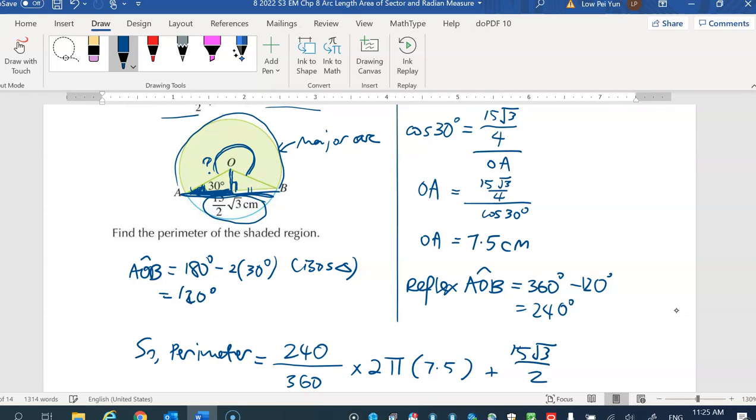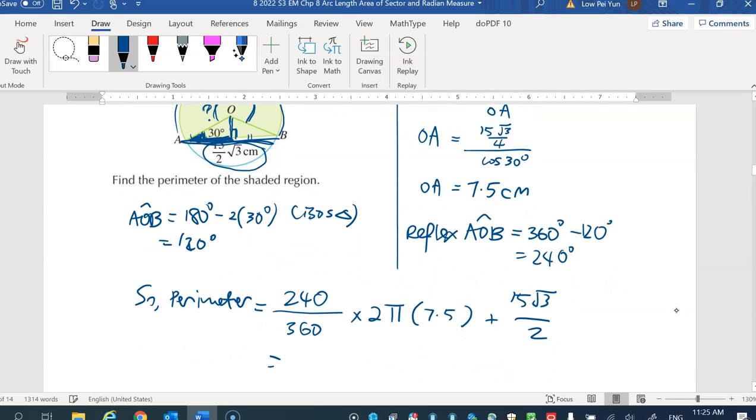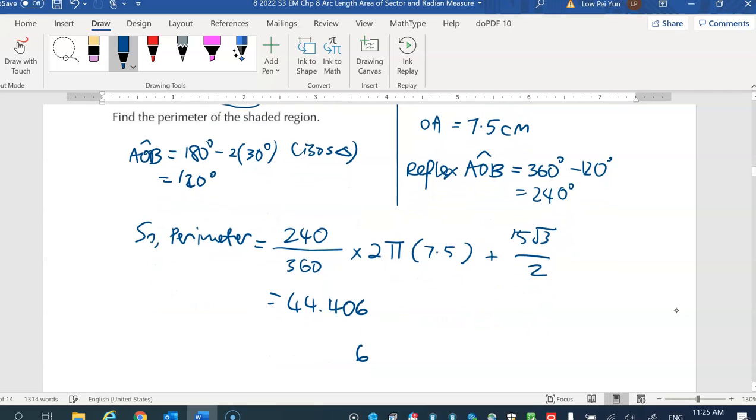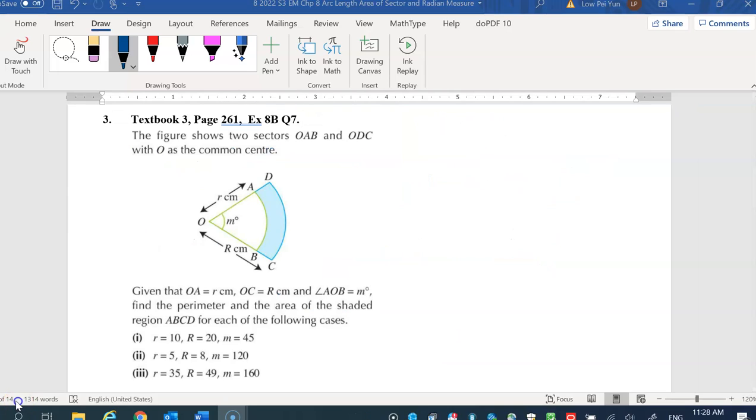After pressing everything in my calculator, 44.406, oops, flying number, 44.423 to 3 significant figures. Yay. Okay, let's move on to the next question.